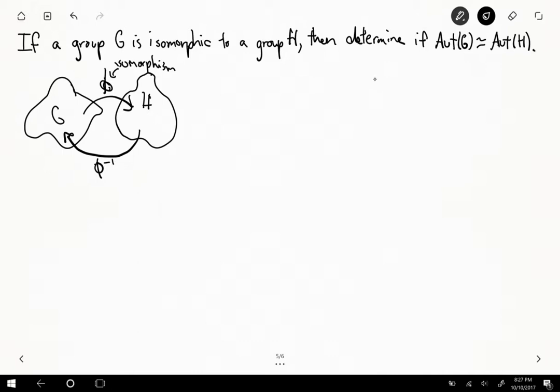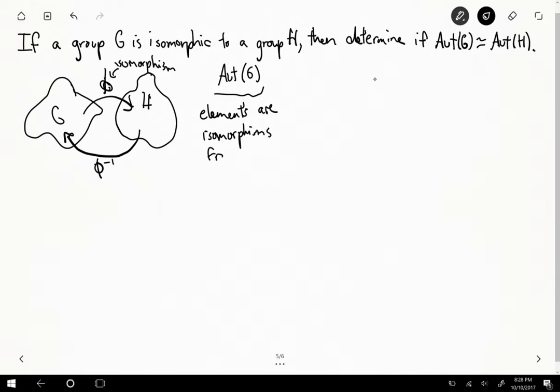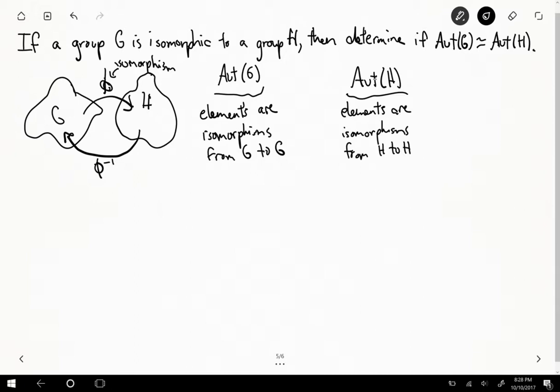So now, Aut G. What is this? Well, the elements are isomorphisms from G to G. Aut H, the elements are isomorphisms from H to H. Okay?